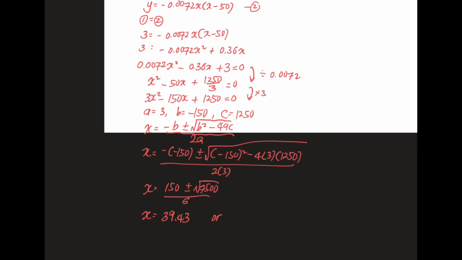So we have 2 x values: 39.43 or 10.57. Okay, so we just need to double check by using calculator.